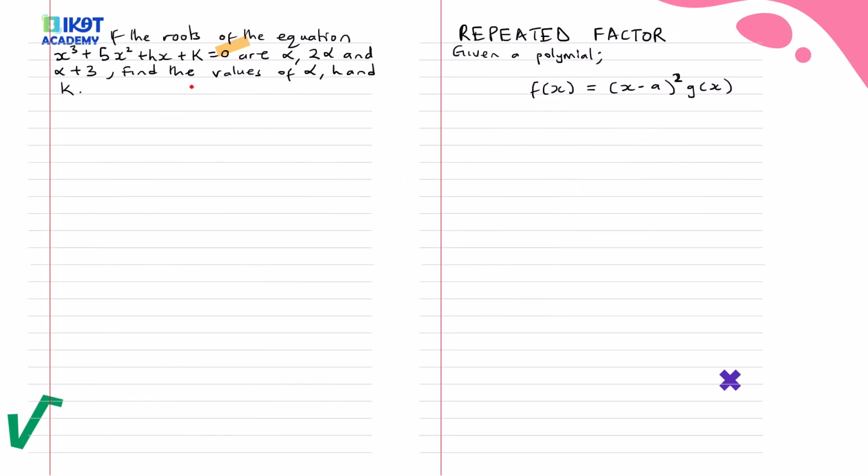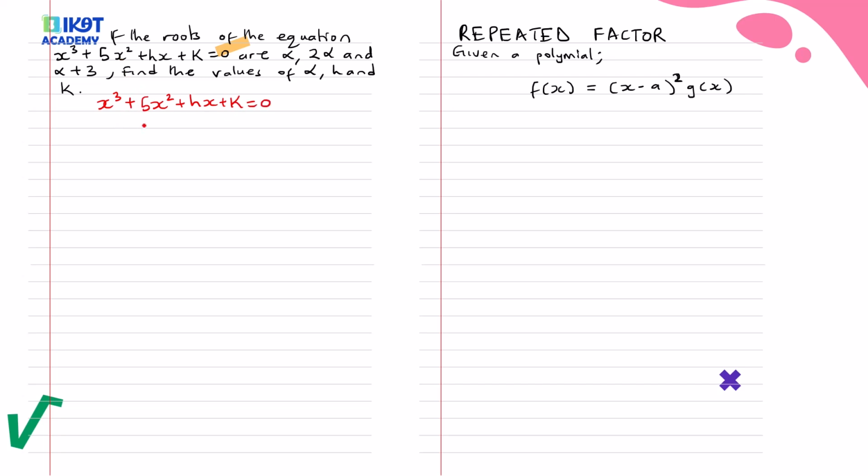Now here, let's see an example. If the roots of the equation are alpha, 2 alpha, alpha plus 3, find the values of alpha, h, and k. Now in this case, we've been given the roots. And remember, this is the equation, x cubed plus 5x squared plus hx plus k is equal to 0.